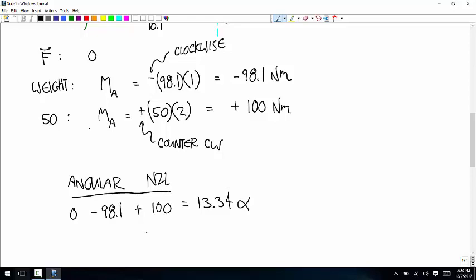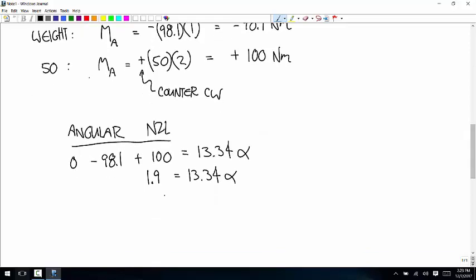And so positive 1.9 is equal to 13.34 alpha. So what do you get for alpha? 0.142, and that's radians per second squared.